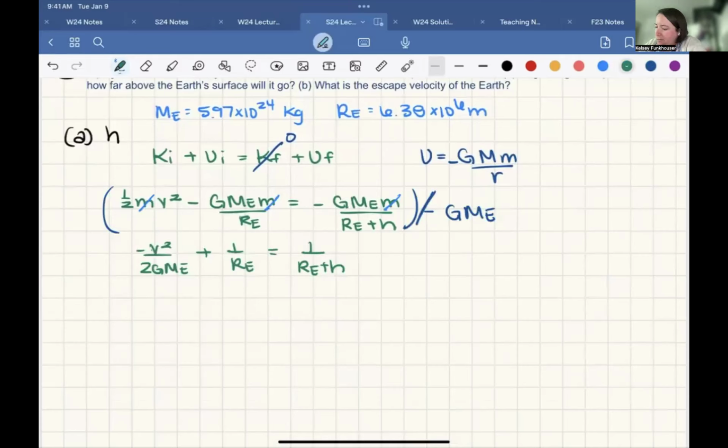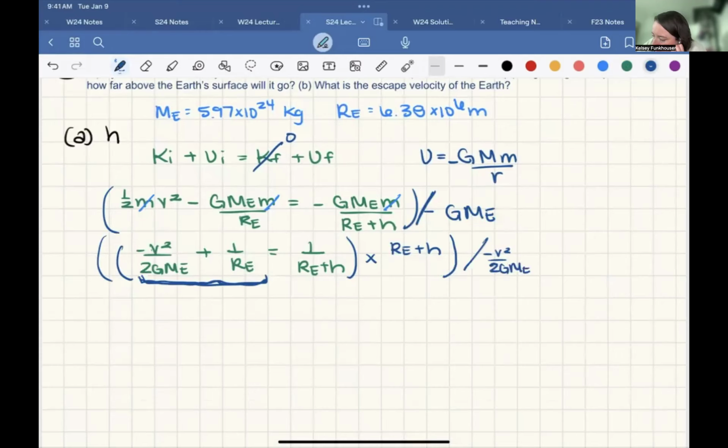And then we just want to solve for H. So to do that, I will write out the steps. We're going to multiply RE plus H on both sides, and then divide both sides by this whole thing, negative v squared over 2GME plus 1 over RE.